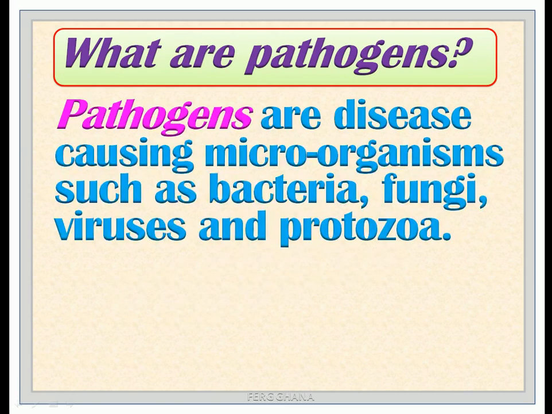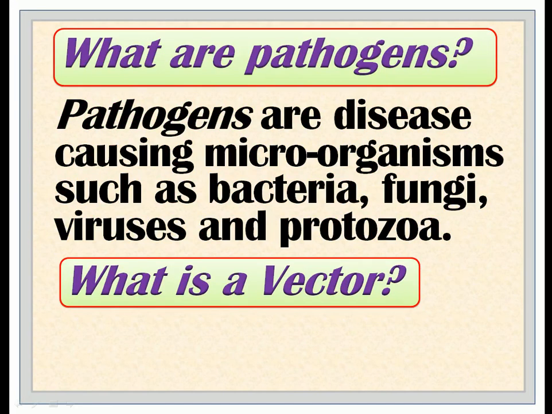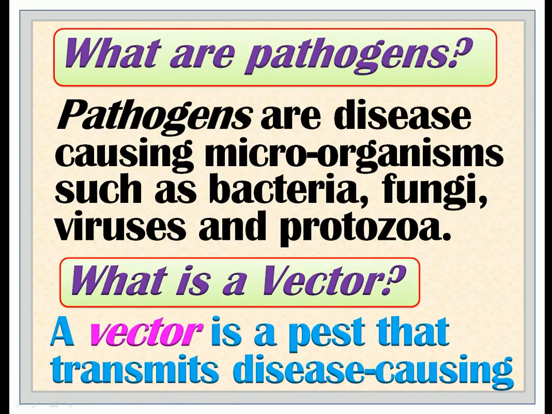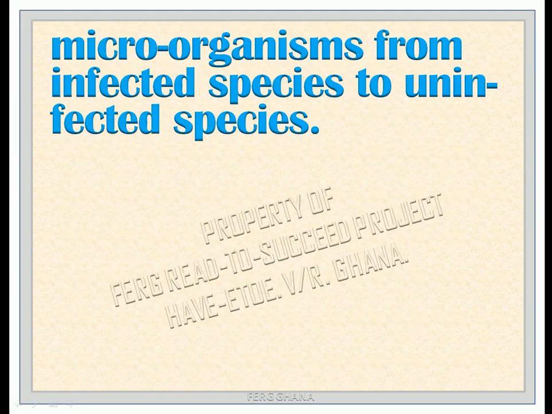Pathogens are disease-causing microorganisms, such as bacteria, fungi, viruses and protozoa. What is a vector? A vector is a pest that transmits disease-causing microorganisms from infected species to uninfected species.